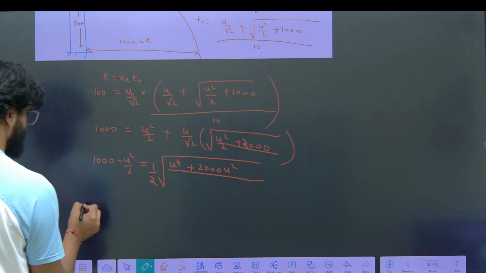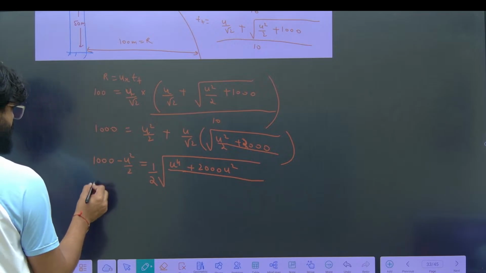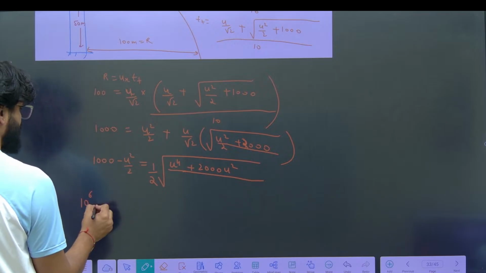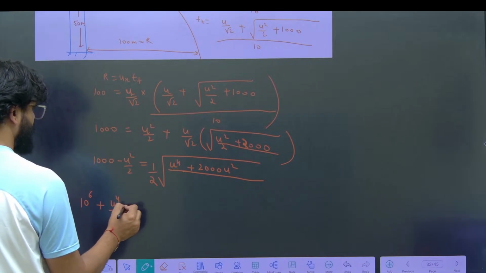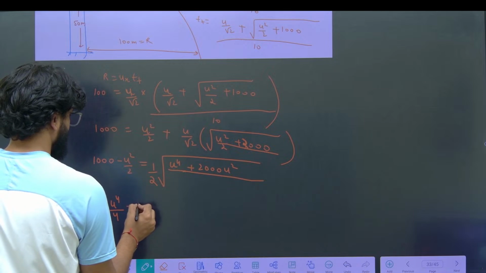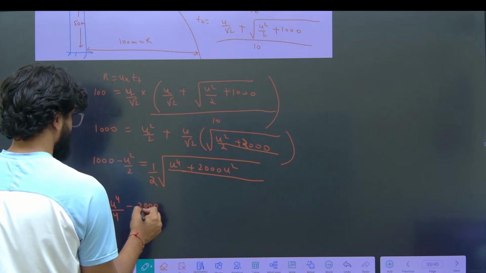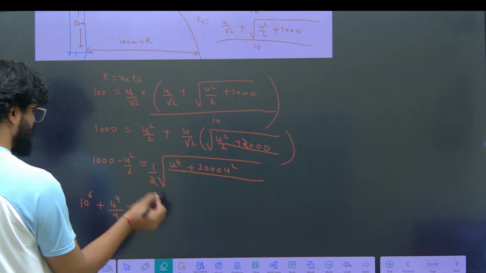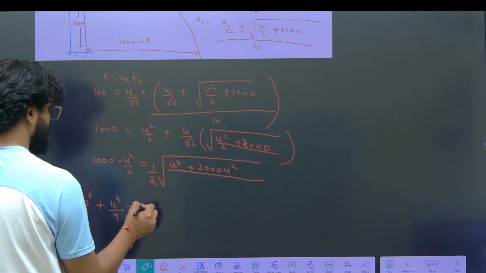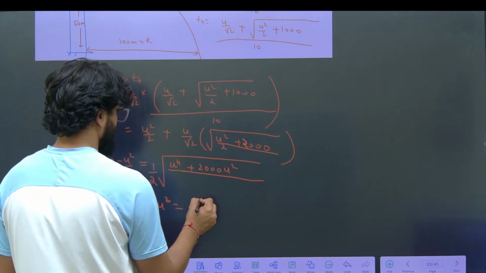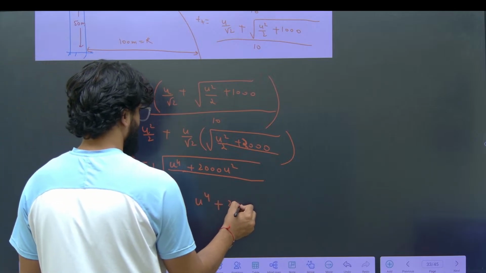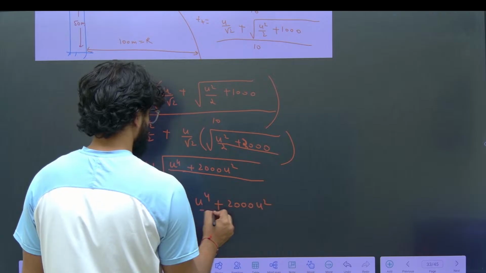Our life is this only. 10 to the power 3, so it will become 10 power 6 plus u to the power 4 by 4 minus 2000 into u square, so it will be just 1000 u square equals u to the power 4 upon 4 plus this.